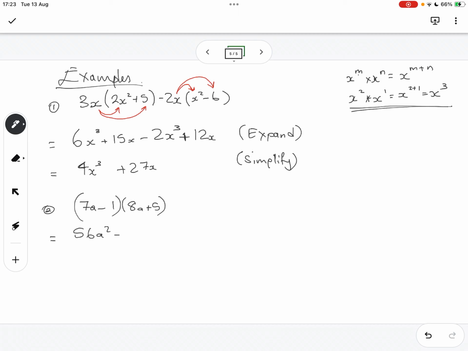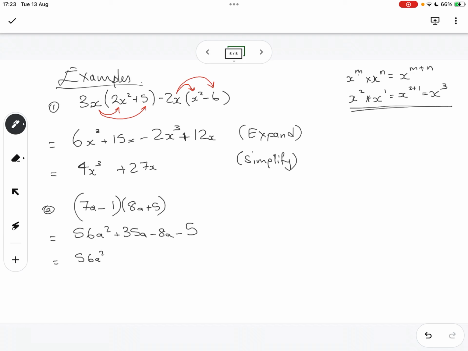So then we have 7a times 5. 7 times 5 would be 35. And then we have negative 1 times 8a, which is negative 8a. And then we'll have negative 1 times positive 5, which is negative 5.